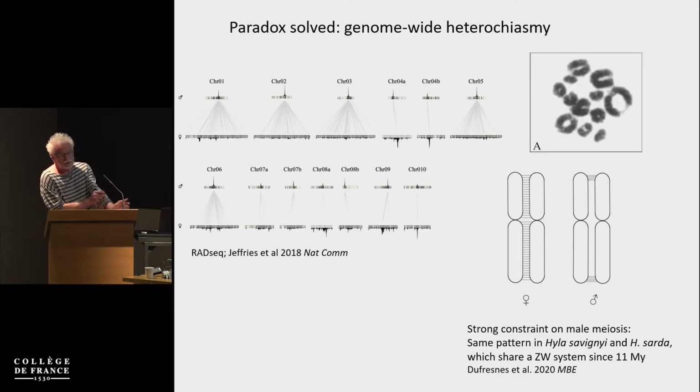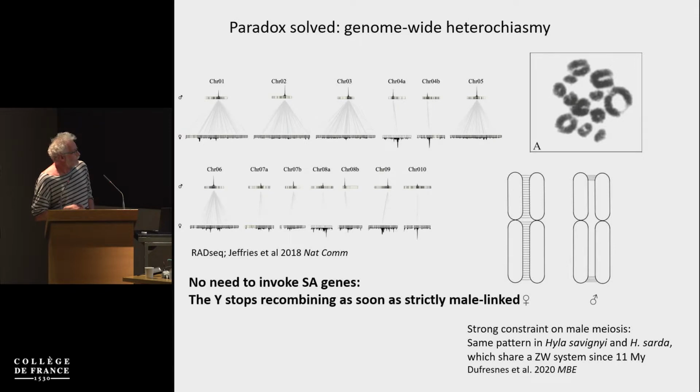So absence of recombination is in the homogametic sex. The point here is that we do not need to invoke sexually antagonistic genes to explain the arrest of recombination. There is a constraint in male meiosis, and the Y chromosome will stop recombining as soon as it becomes strictly male-linked, because the Y is in a male, and males do not recombine.